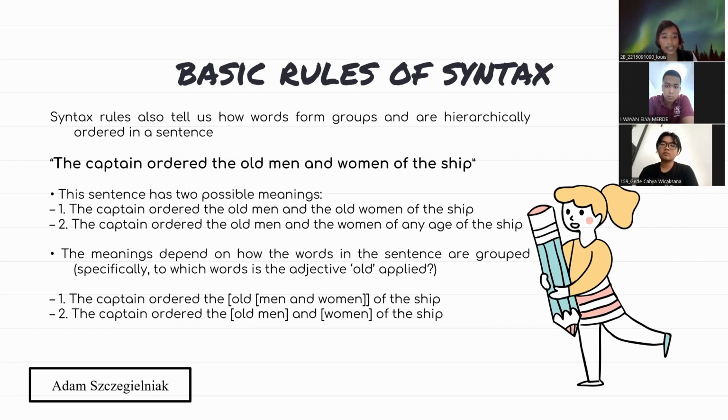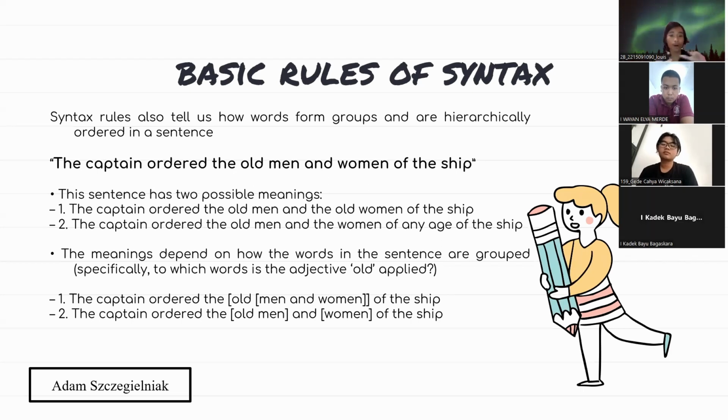The second one is the captain ordered the old man and woman off the ship, a sentence that has a meaning that the captain ordered the old man and the woman off the ship, something different in meaning from the first one. Next.